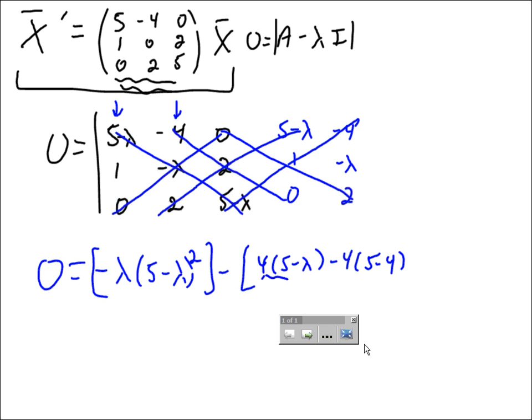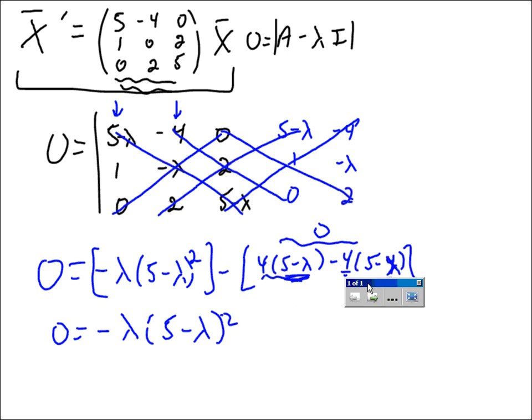Well, if you have 4 of these and you take away 4 of these, this is 0. You just have 0 is negative lambda times 5 minus lambda squared. That means either that's 0 or this is 0. 5 minus 5 is 0, so lambda should be 5.